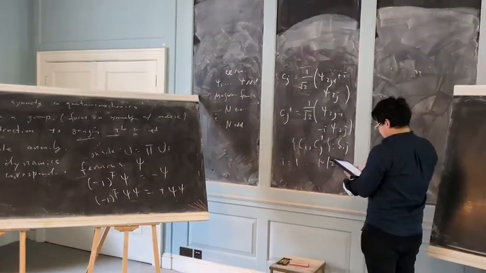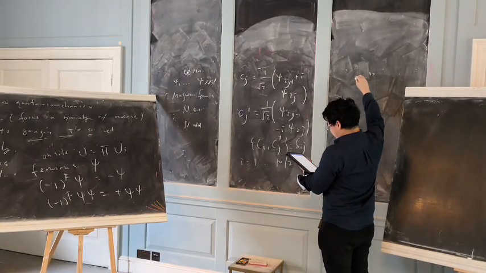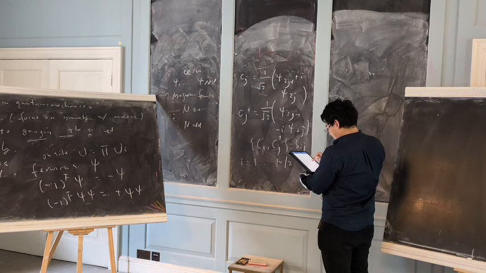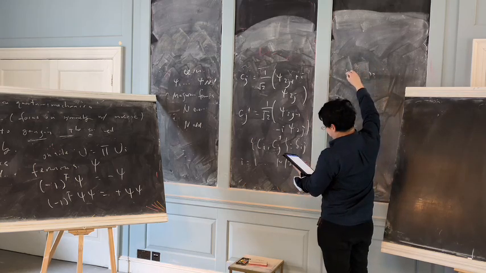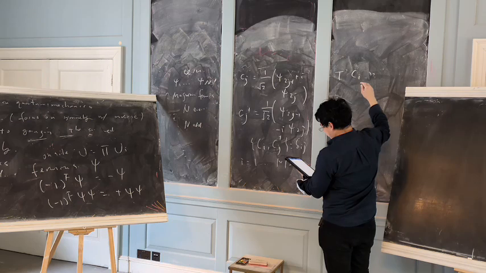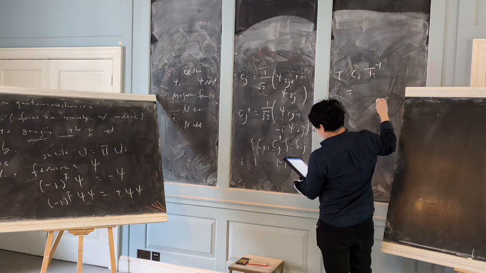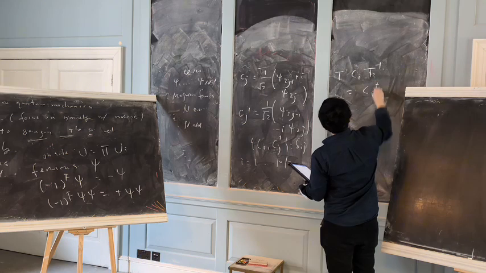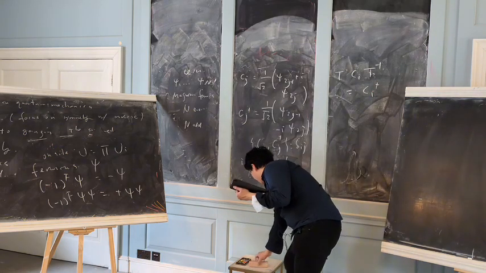Okay, so first of all, I'm going to say this is my time reversal symmetry. Time reversal acts on c_i by conjugation to give c_i dagger.